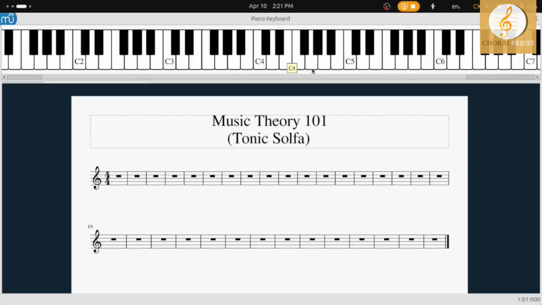This octave gives you a range or pitch whereby most of the voices, soprano, alto, tenor, bass, can easily accommodate. Scaling down from this C to any other letter alphabet on the piano keyboard, it is said to be in the low octave.